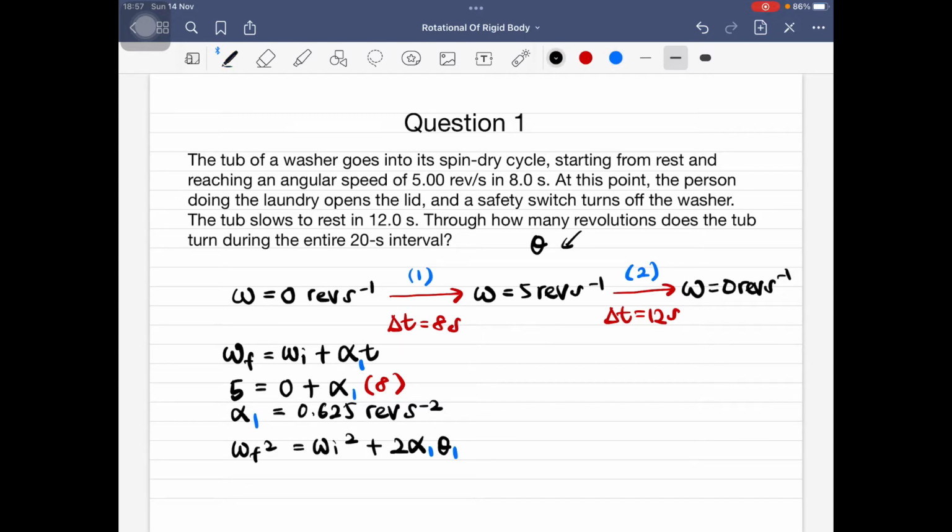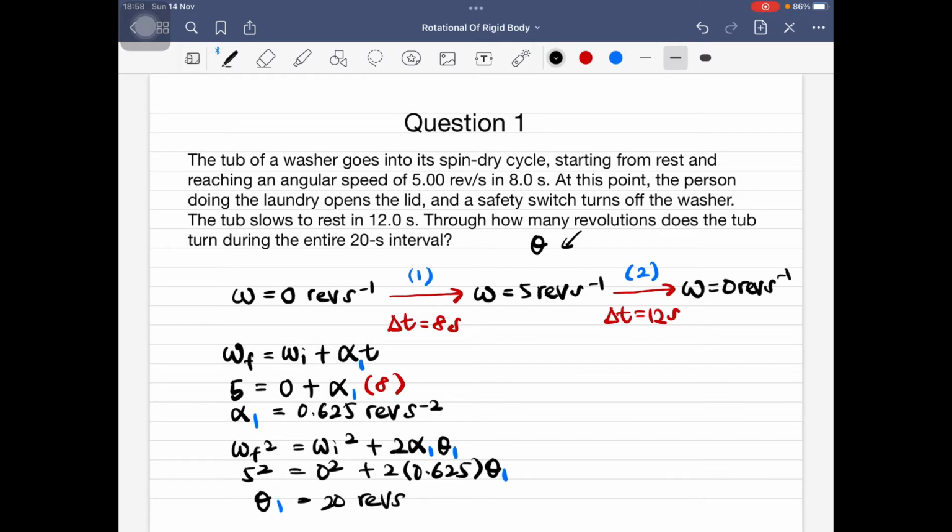So masukkan value, kita ada 5 revolution per second squared, 0 squared plus 2, your alpha is 0.625, and then we have theta for the first part, and that theta for the first part will be equal to 20 revolutions, or we'll just put as 20 revs. Okay, so that is for your first part.